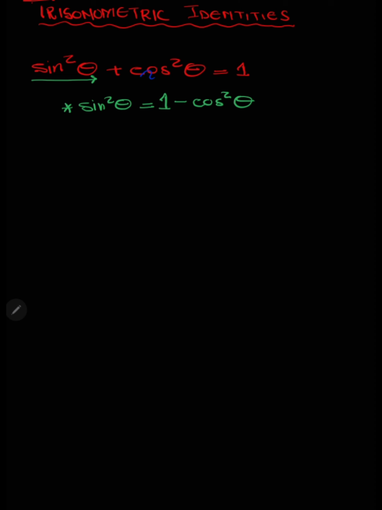Now let us make cos the subject of the formula. So it will be cos squared theta equals 1 minus sine squared theta. Okay, this was the first trig identity.